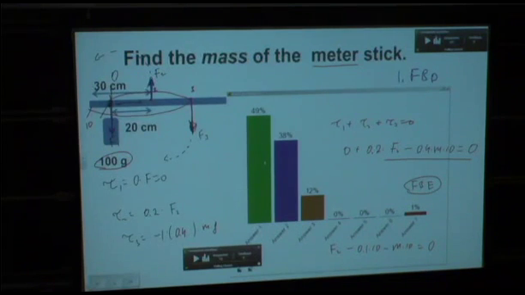Why is the torque negative? According to the definition. If this is the axis of rotation of our choice, for any object, if the force tries to rotate it clockwise, we don't say rotates it because it's actually not moving, it's in equilibrium.